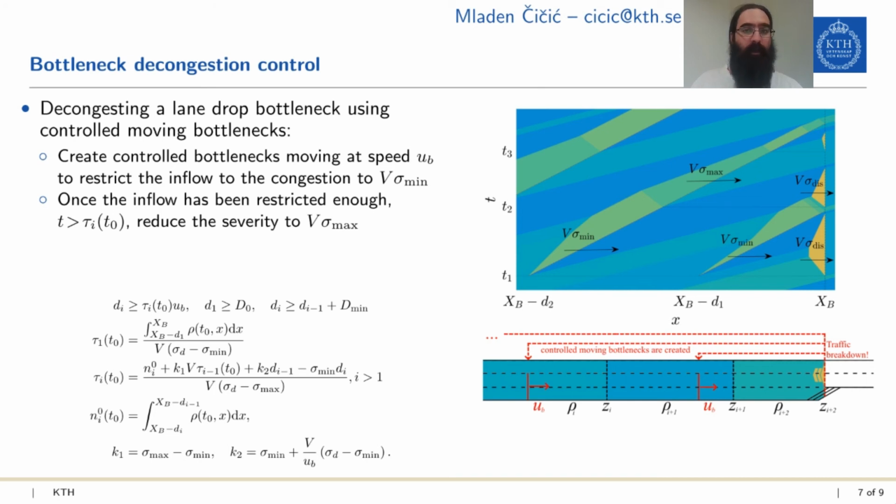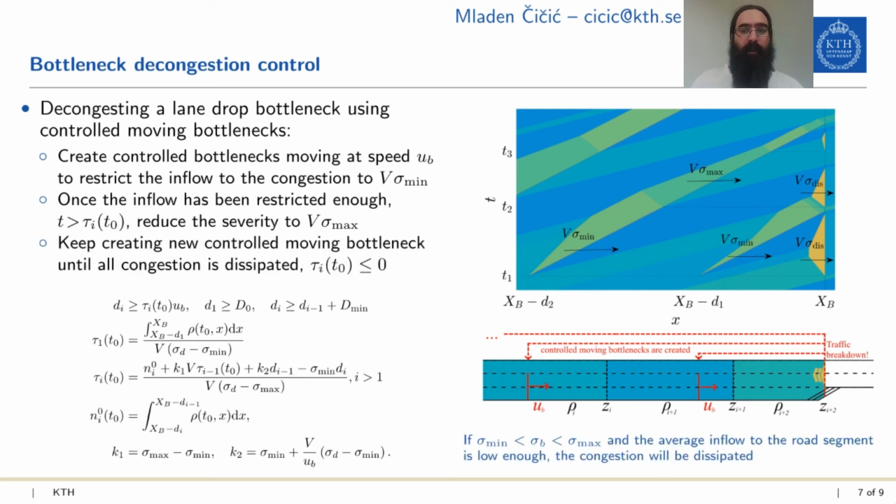And by doing that, we are allowing 2 lanes worth of traffic to overtake. And then finally, if there are additional traffic breakdowns happening in the course of dissipating congestion, we simply keep creating new controlled moving bottlenecks until all congestion is dissipated and the road returns to free flow.